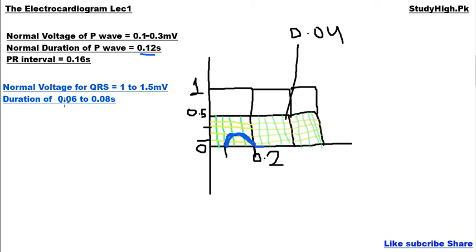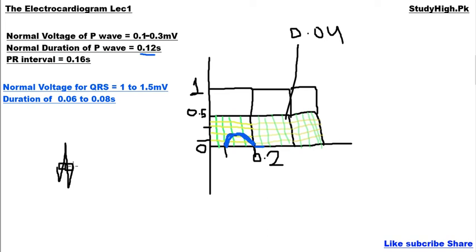So the normal voltage of the QRS complex is 1 to 1.5 millivolt and the duration of this QRS complex is 0.06 to 0.08 second. So this QRS complex will be located between approximately two small boxes. One box is equal to 0.04 second and two boxes 0.08 second. So the whole QRS complex will be present between these two small boxes.